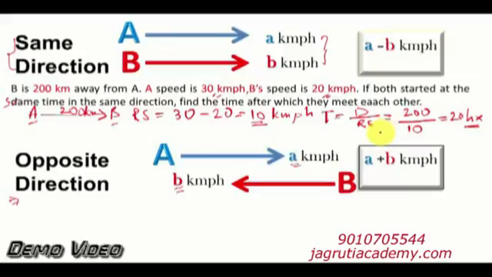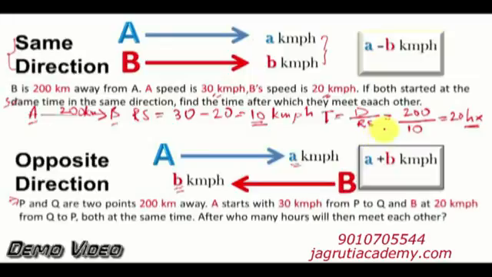Now take another example for opposite direction. Here P and Q are two points 200 kilometer away. A starts at 30 kilometer per hour from P to Q and B at 20 kilometer per hour from Q to P, both at the same time. After how many hours will they meet each other?